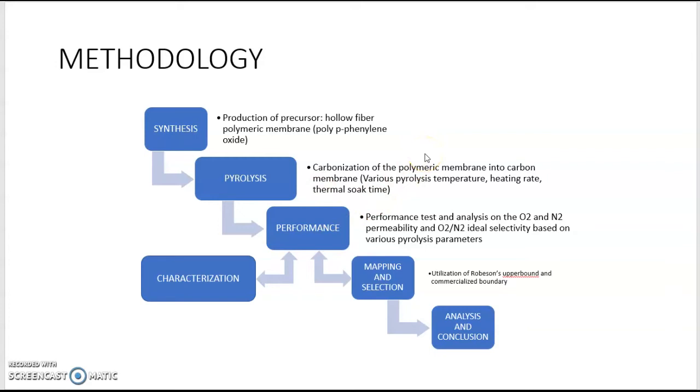Then we perform tests and analysis based on their O2 and N2 permeability as well as ideal selectivity. We also run mixture permeability, and we characterize some of them. And this is the important one: mapping and selection of the best membrane, and we go to the next stage of optimization and so on.